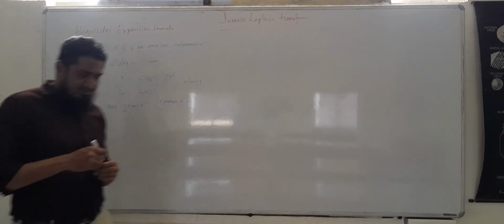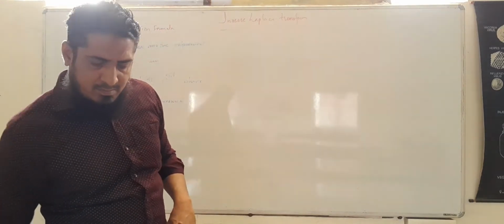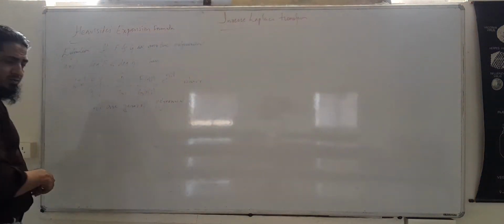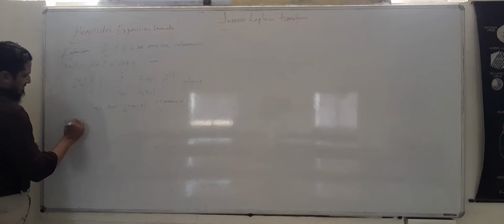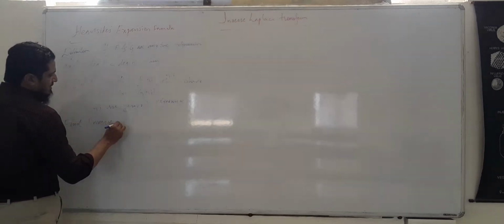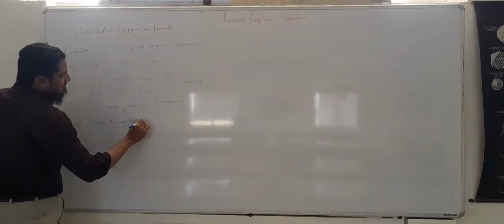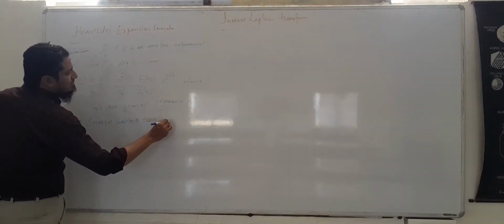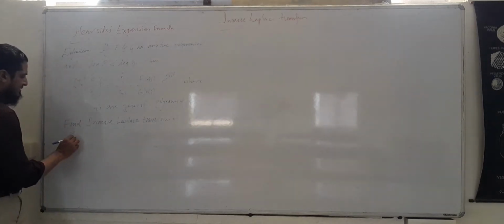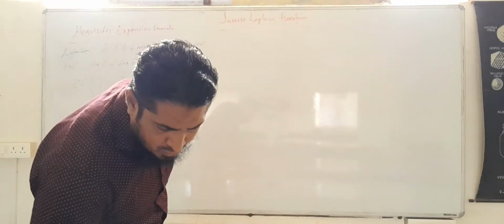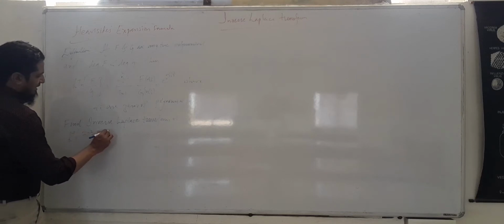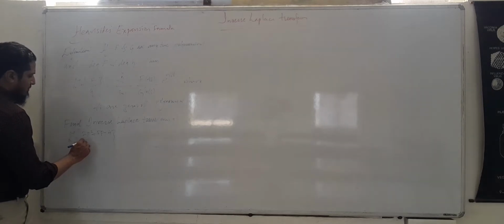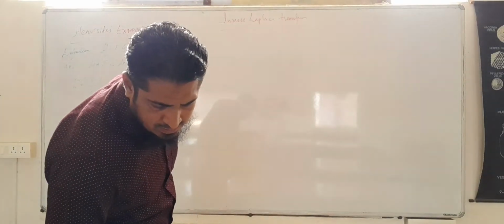Find the inverse Laplace transform of 2p square plus 5p minus 4 upon p cube plus p square minus 2p.